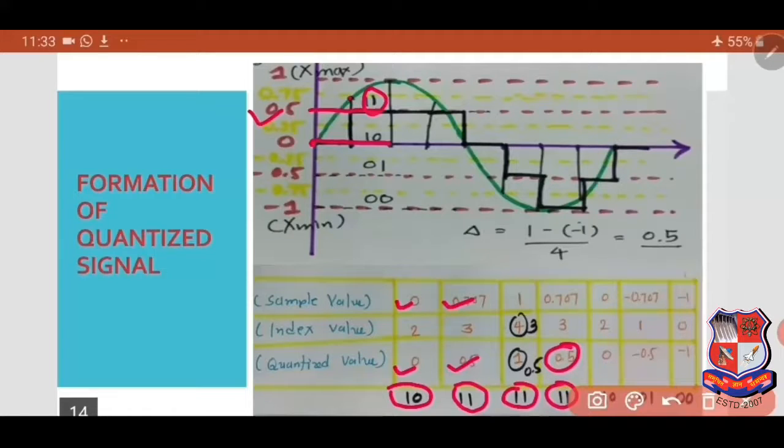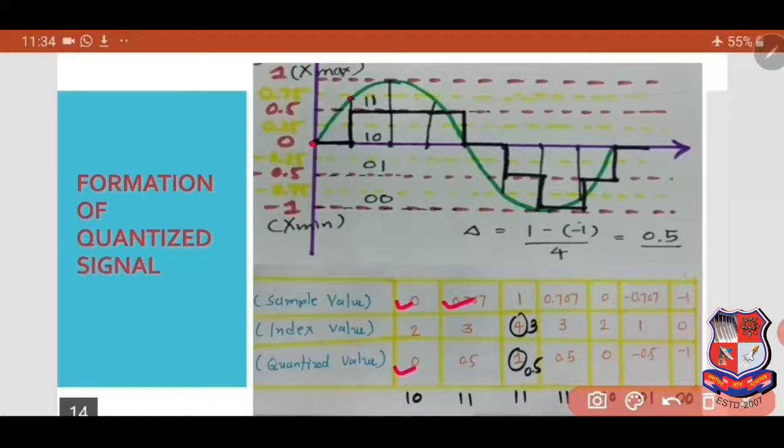Over here for 0 it will become 1 0. For minus 0.5 it will be 0 1, and for minus 1 it will be 0 0. So you can understand very well how this digital data comes.